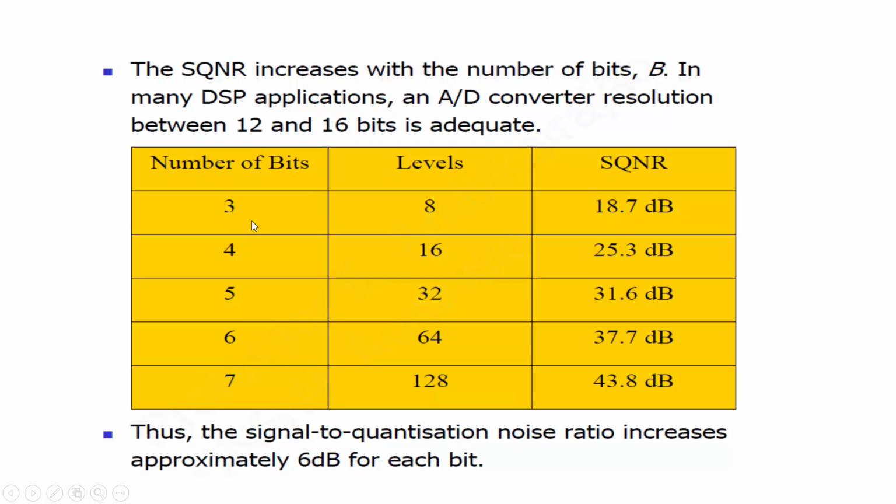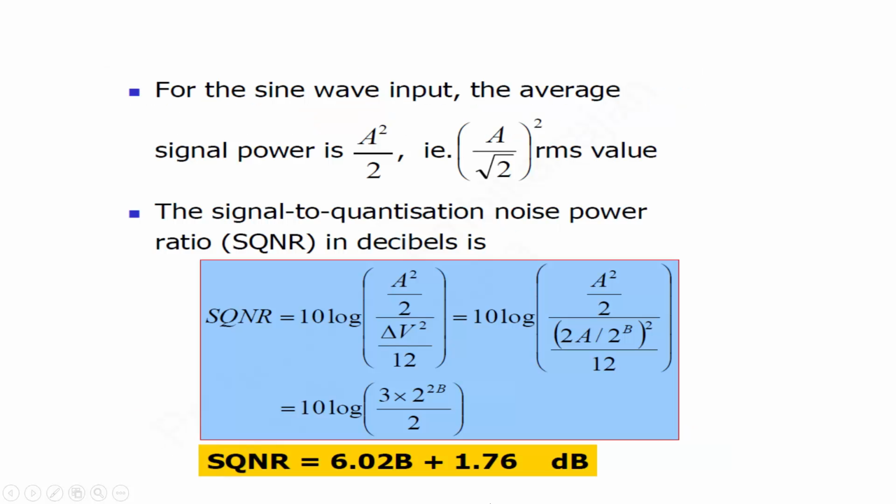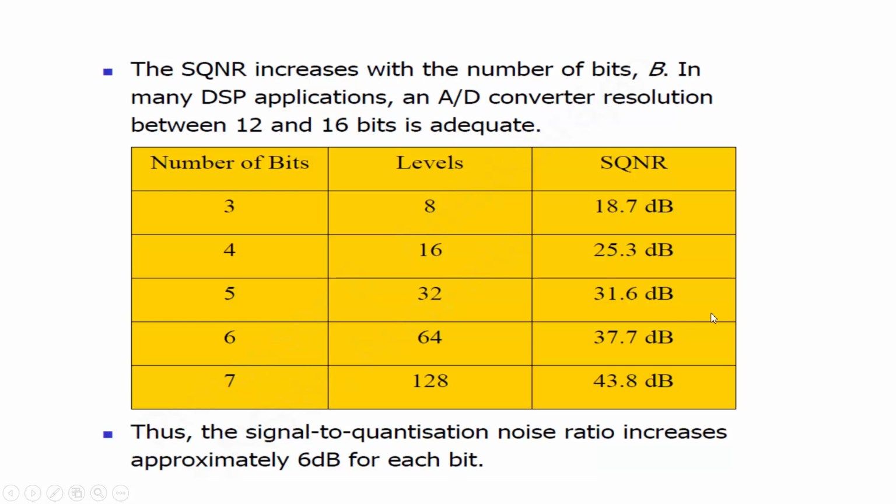If the number of bits of the A to D converter is 3, how many levels will there be? 2 to the power 3, which is 8. And the SQNR calculated using this formula is 18.7 dB. Now, if we increase the number of bits by 1, let's say 4 bits, how many levels will there be? 2 to the power 4 is 16. And the SQNR is 25.3. There is a difference of approximately 6 dB.